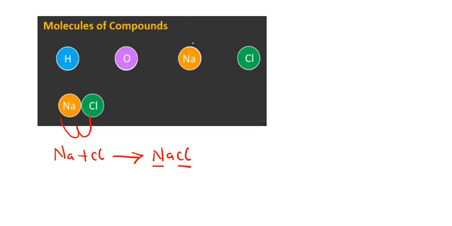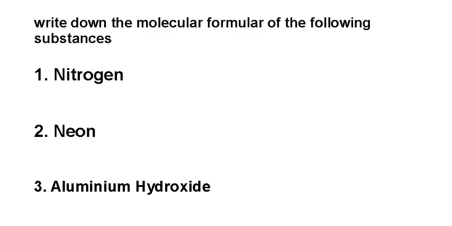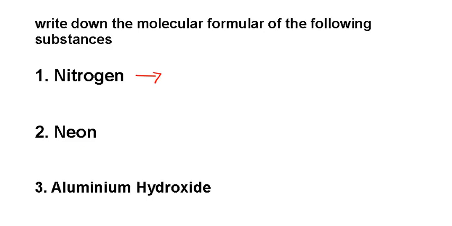Okay, let's go ahead and take these examples. Write down the molecular formula of the following substances. What is the molecular formula of nitrogen? Is it going to be N or N2?